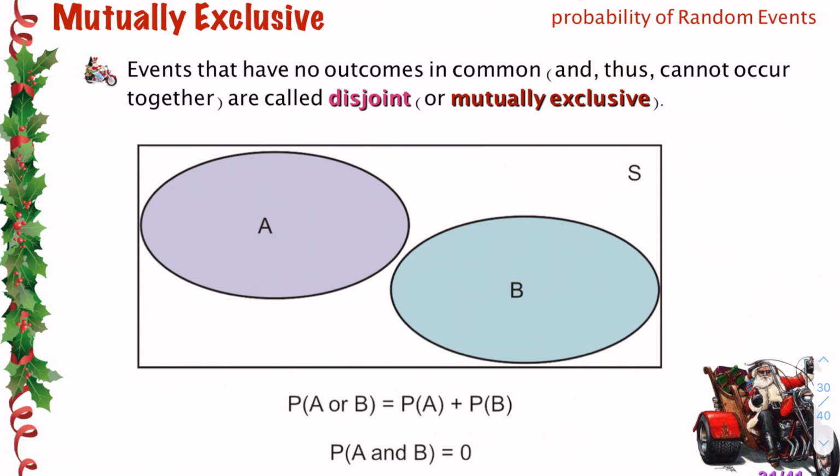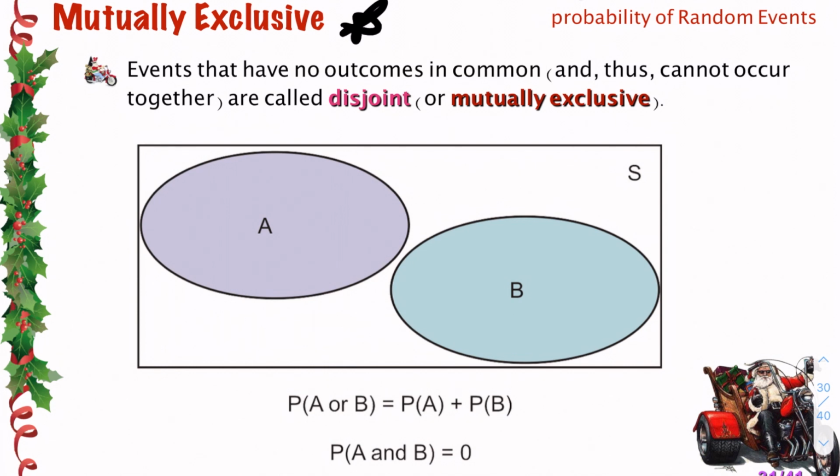Next up, a nice big term here, is mutually exclusive events. Events that have no outcomes in common and thus cannot occur together, we call disjoint or mutually exclusive. These are two things that don't have anything in common, often confused with independent. Don't confuse them with independent.